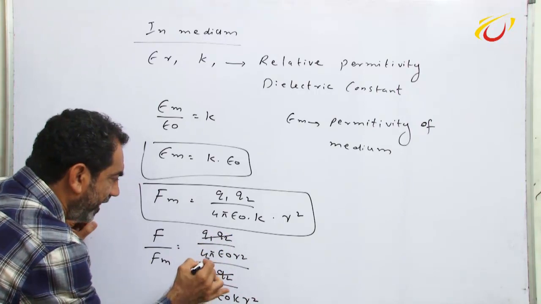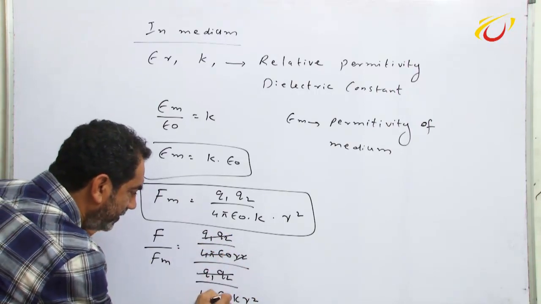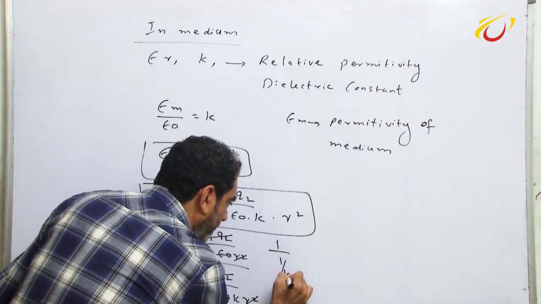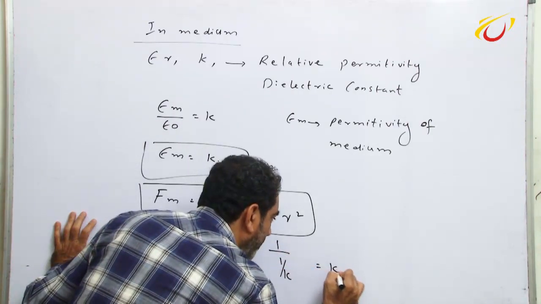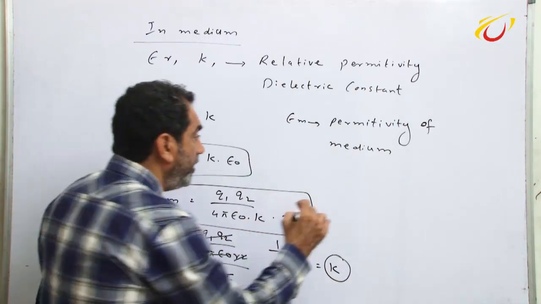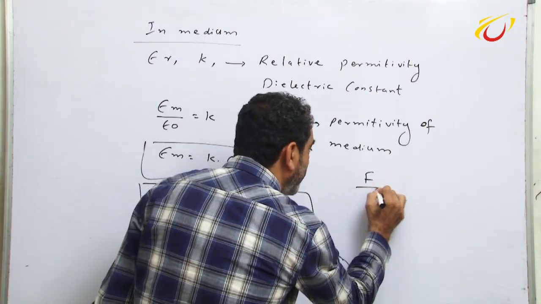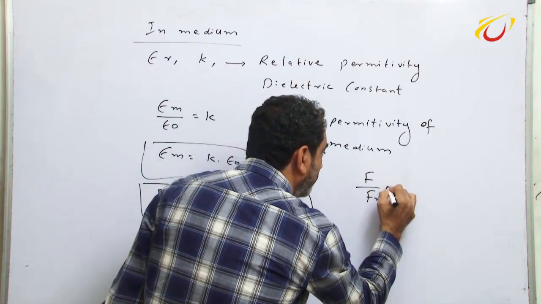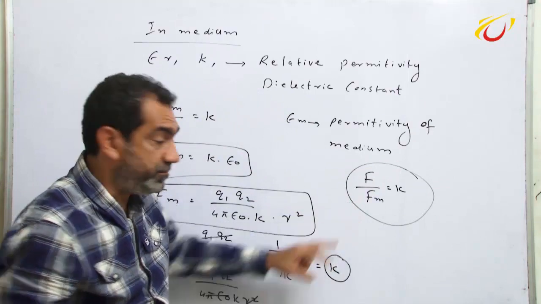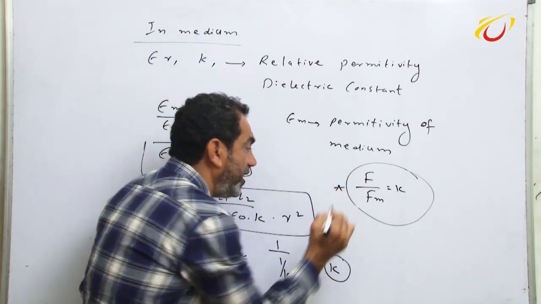This quantity cancels, this cancels. In the numerator it becomes 1, in the denominator 1 by k, so it ultimately becomes k. So what you have derived: force in free space over force in medium is equal to k. This you have to learn by heart. I'm putting a star.